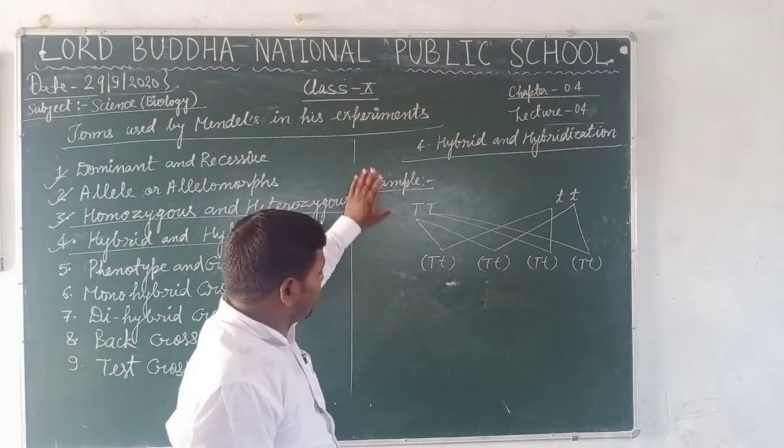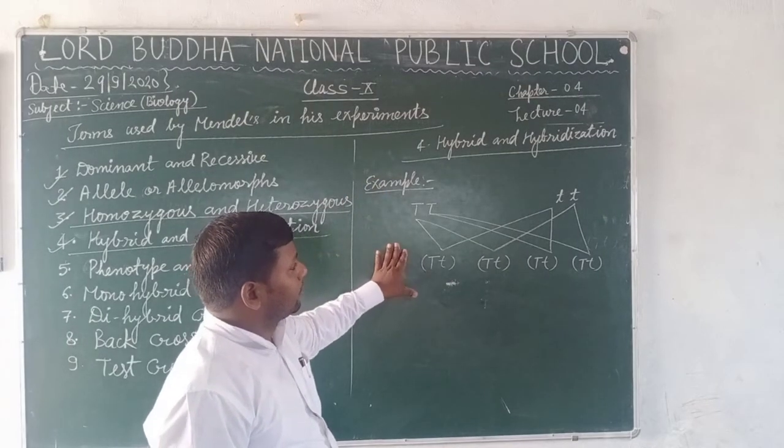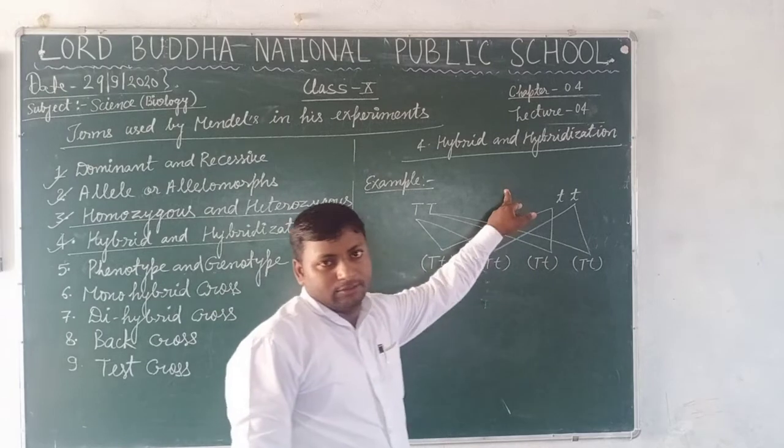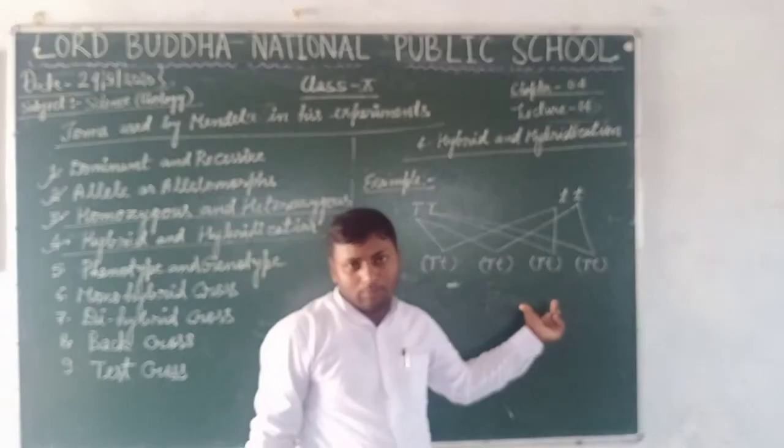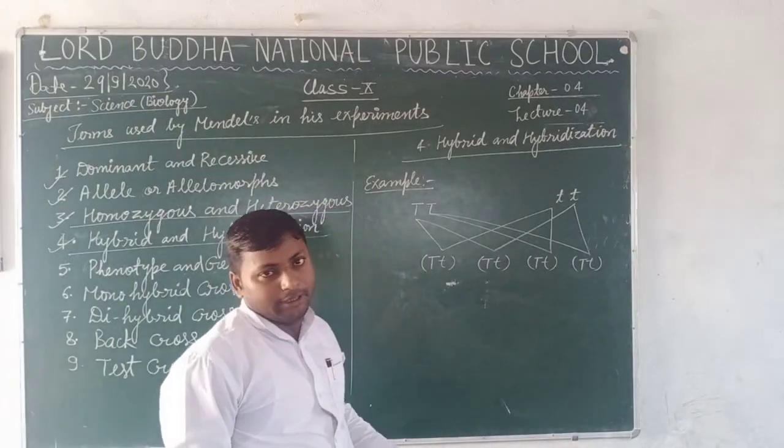So students, this is called hybrid, and the process of cross pollination which is carried out for this phenomenon is called hybridization.